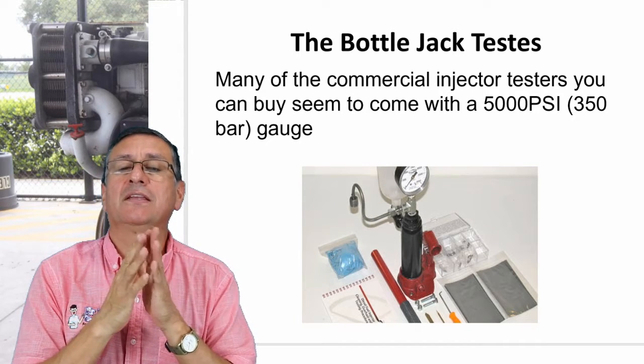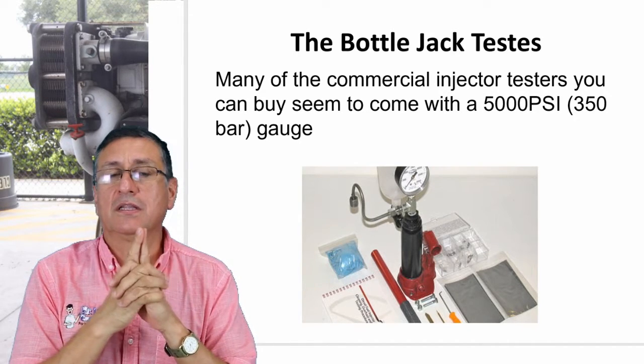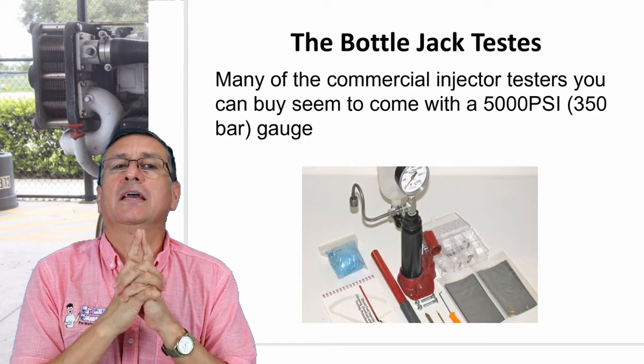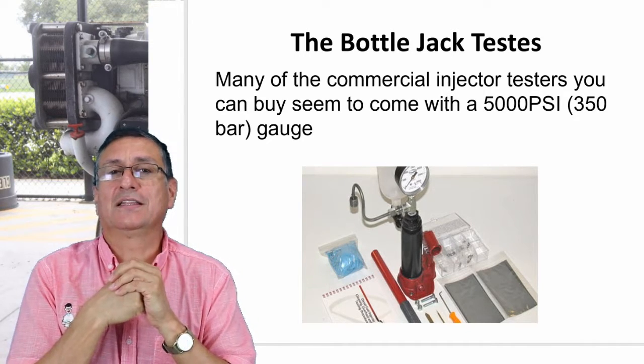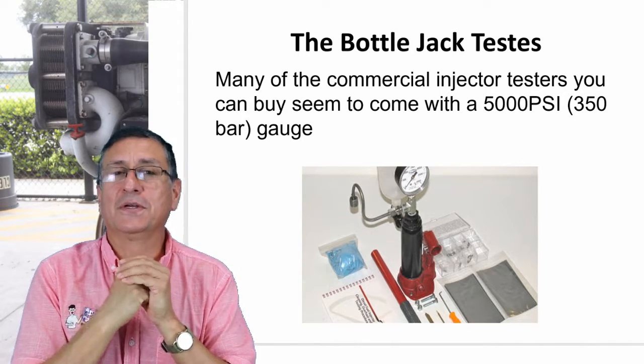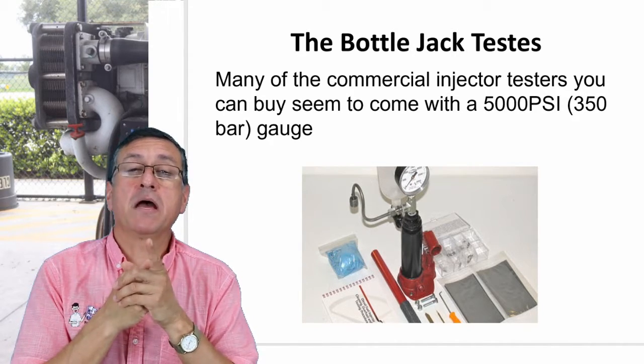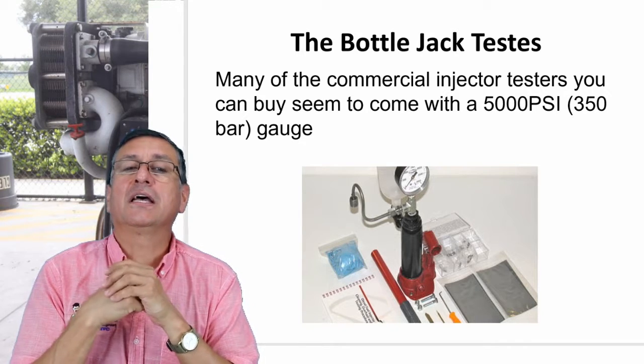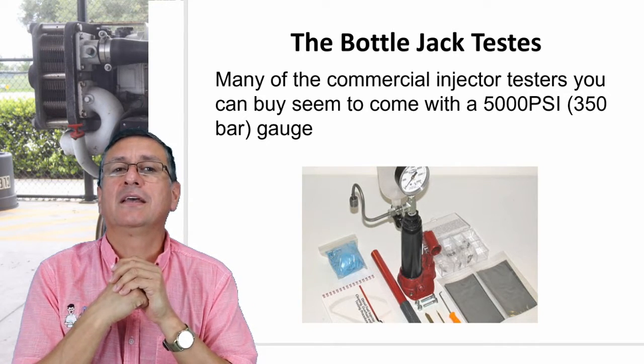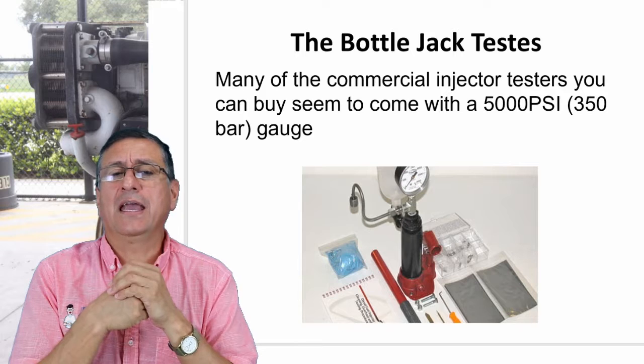You can disassemble the jack and convert that hydraulic bottle jack into a tester for mechanical injectors. It's simple. I explained in my book the procedure to do that conversion. It is not complicated. Or you can buy the equipment.